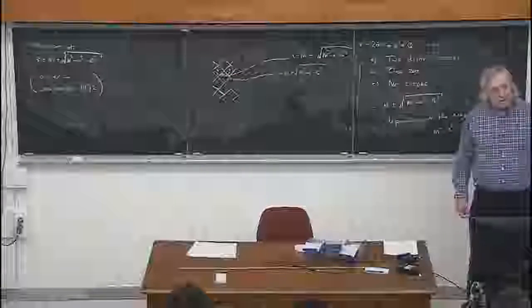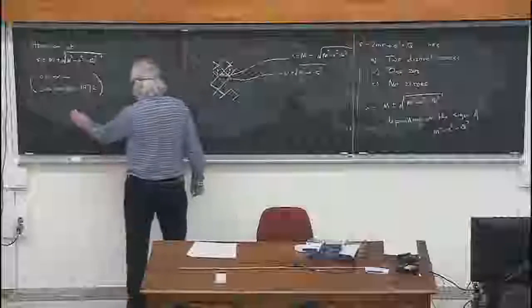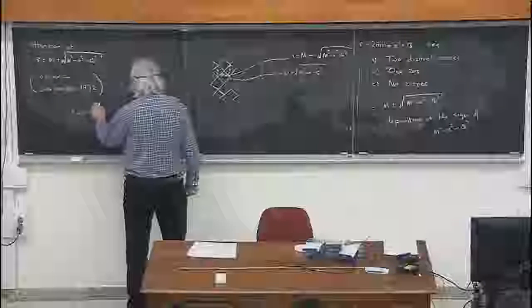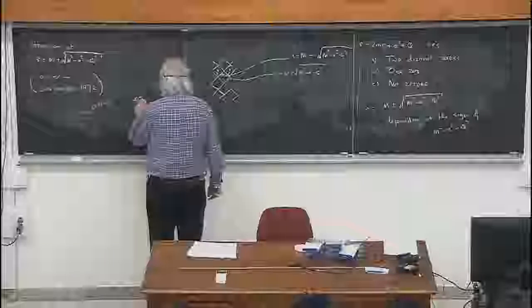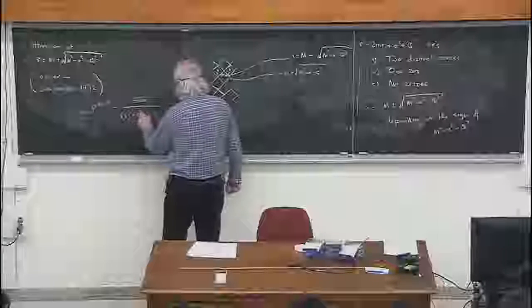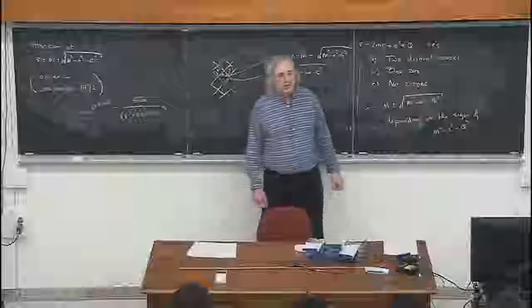The reason that I've drawn it like this is that if you calculate the curvature tensor, R_ABCD R^ABCD, you will end up with 48m squared over (r squared plus a squared cos squared theta) cubed. I don't advise trying this calculation.